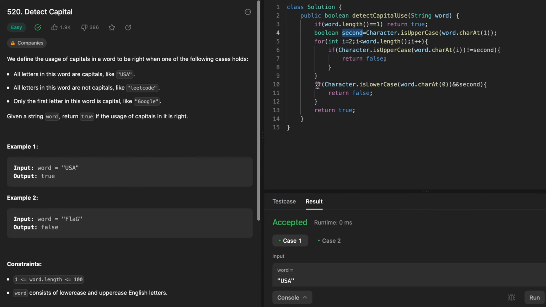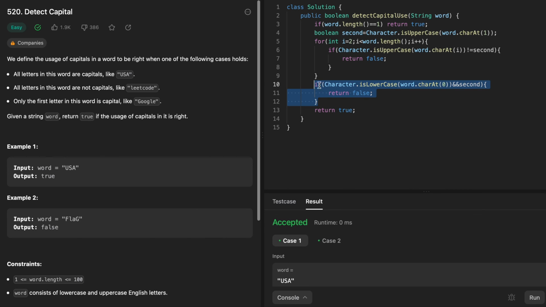Now if this letter is lowercase, I need to check if the first is capital. If this is capital and this is lower, then this won't be true, I will return false. For all the other conditions, like upper, upper, upper, or small, lower, lower, it will be true.